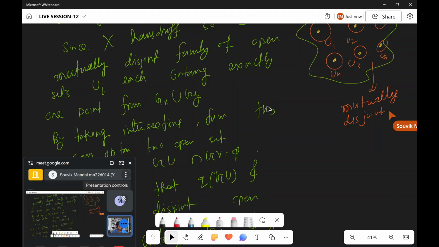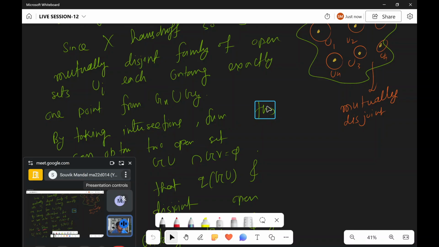Now, a mutually disjoint family of open sets U_i, each containing exactly one point from Gx union Gy. By taking intersections from this, we can obtain two open sets U, V such that GU intersection GV is equal to empty.